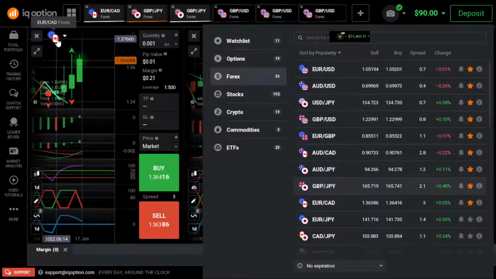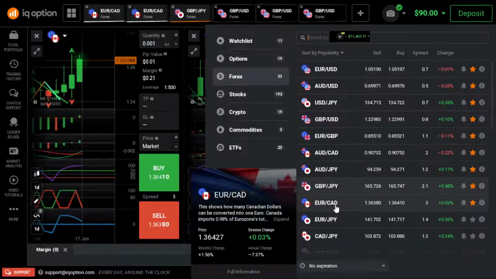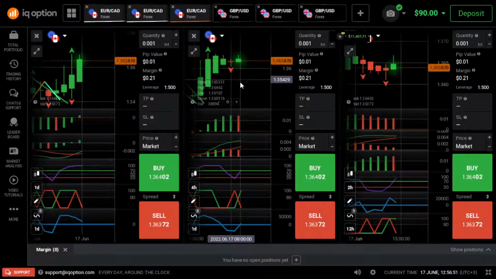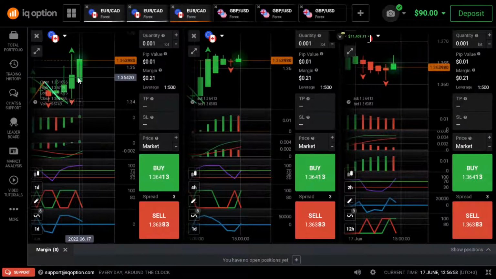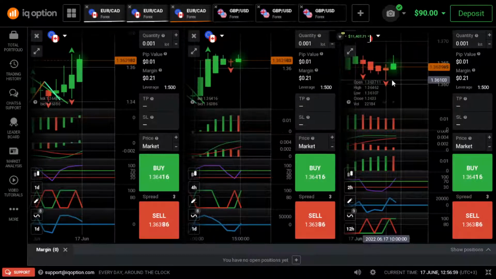So let's look at Euro CAD, Euro against the Canadian dollar. Okay, in one day, what do we have? Still an uptrend in one day, and yes, still an uptrend also in 2 hours.